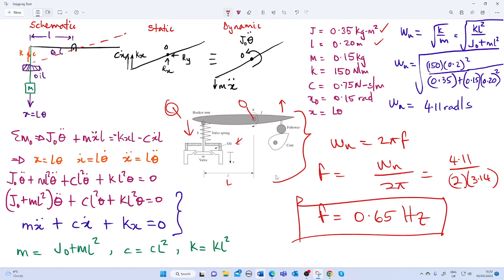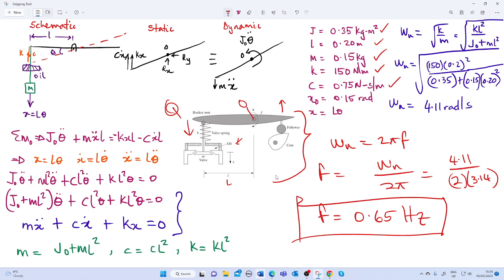We're given the mass of the valve going down the viscous oil to be 0.15 kilogram. We're given the spring stiffness to be 150 Newton per meter. And we're given the viscous constant of the oil where the valve is going down to be 0.75 Newton seconds per meter.